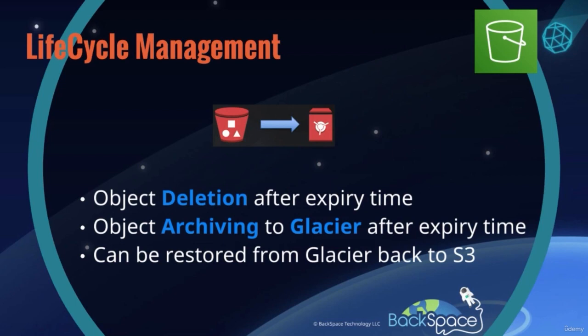It could archive an object from Amazon S3 over to Amazon Glacier after an expiry time. So with these old objects, you can migrate those over to long-term storage and they can be restored back from Glacier to Amazon S3 if needed, but of course there's going to be an amount of time involved in doing that.